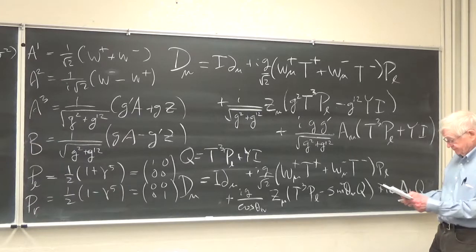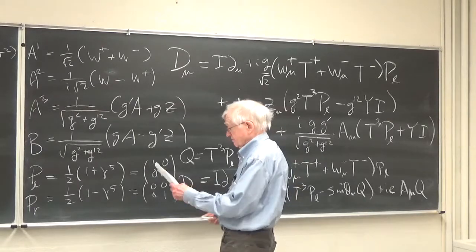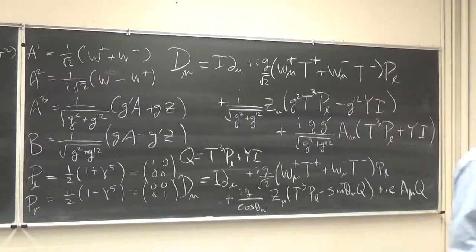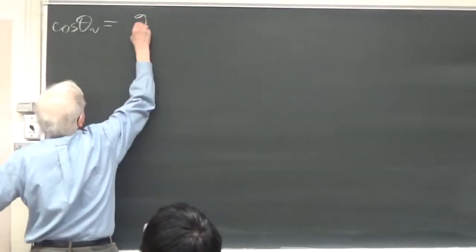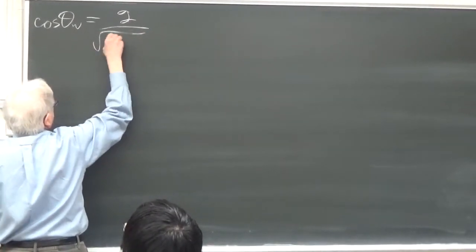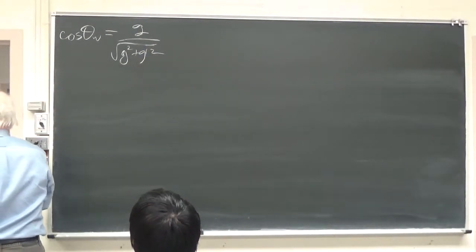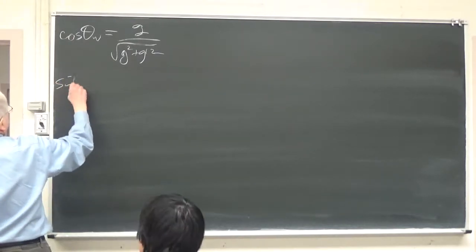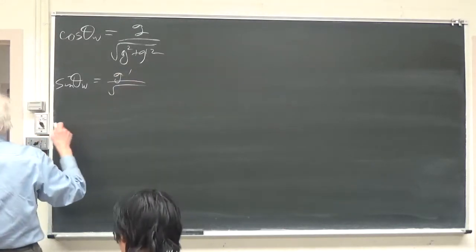I should write down what, let me go over here. Cosine of the weak mixing angle is g over square root of g squared plus g prime squared. And the sine is g prime over the same square root.